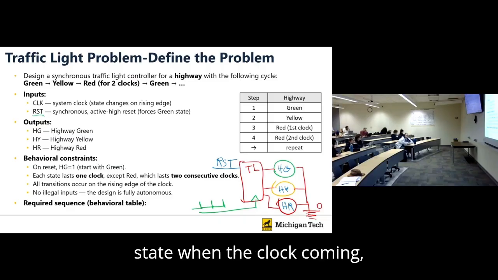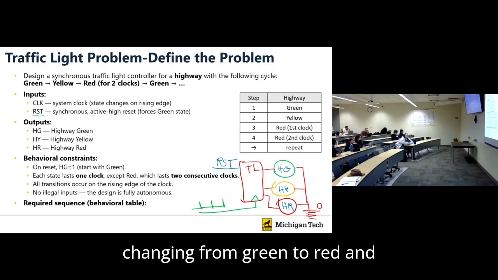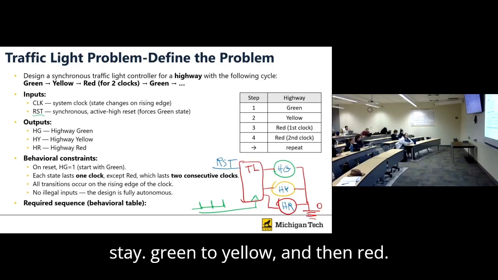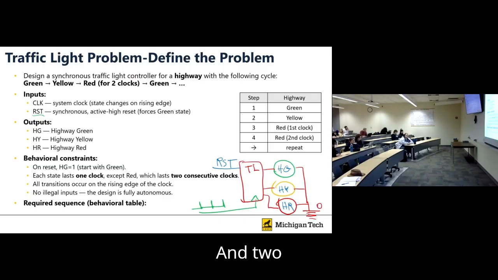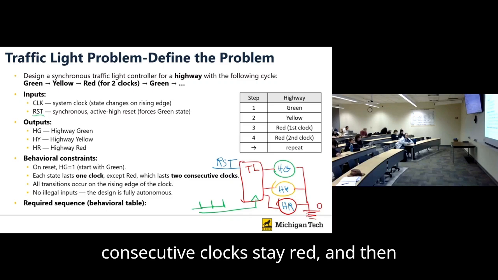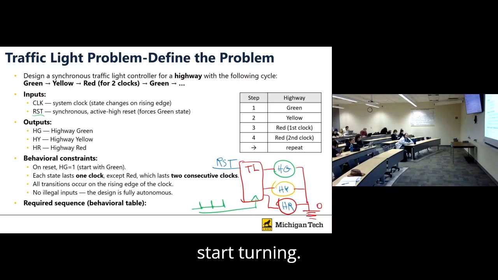Then in each state, when the clock comes, it changes from green to yellow and then red, and two consecutive clocks stay red, and then start turning.